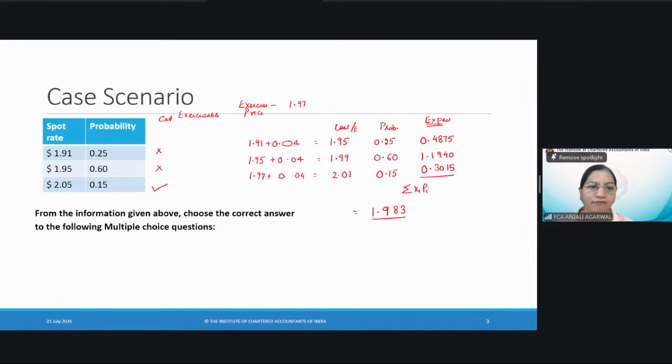In that case, we have to find out what is the expected price of the currency, looking at all three possible scenarios with the respective probability. So 1.91 multiplied by 0.25 plus 1.95 multiplied by 0.60 plus 2.05 multiplied by 0.15. This is the expected price of 1 pound after 180 days.